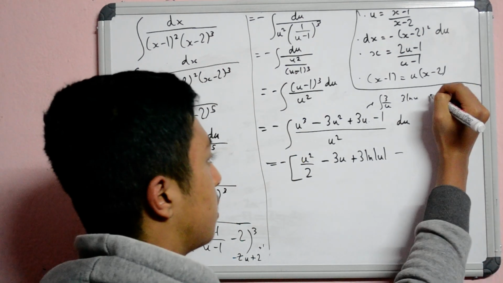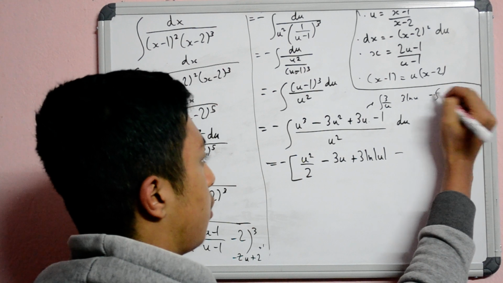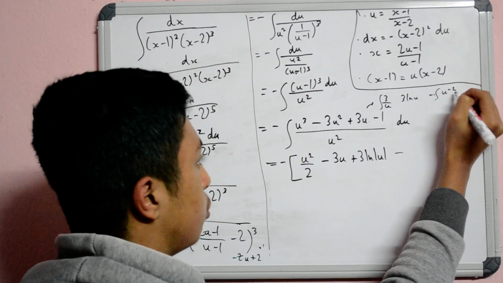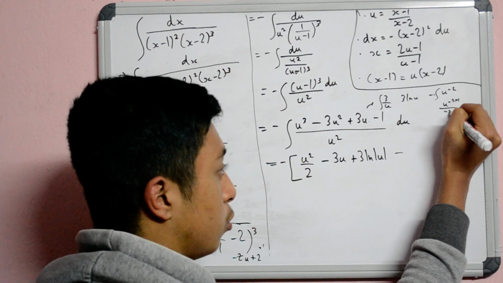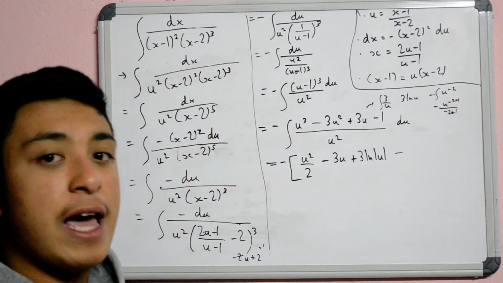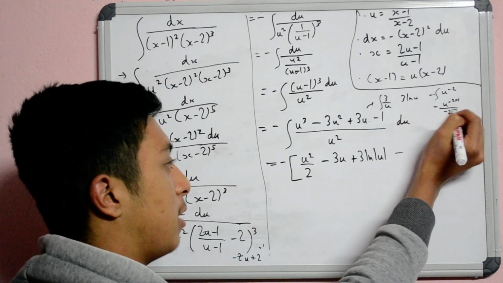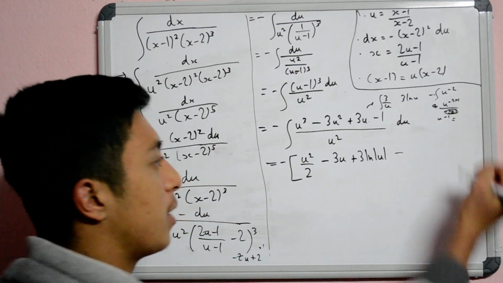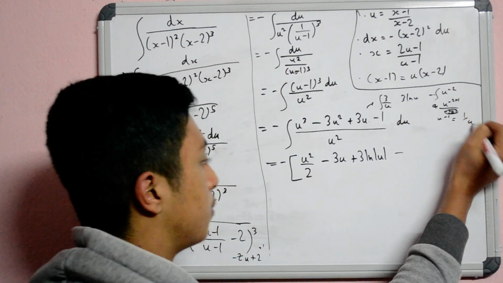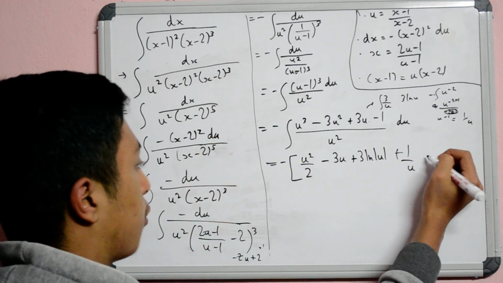So that means we integrate u to the power minus 2. We get u to the power minus 2 plus 1 by minus 2 plus 1, minus, and here minus 2 plus 1 is just minus 1, minus minus cancels, and we get u to the power minus 1, which is just 1 by u. So this is just 1 by u, and of course plus c.